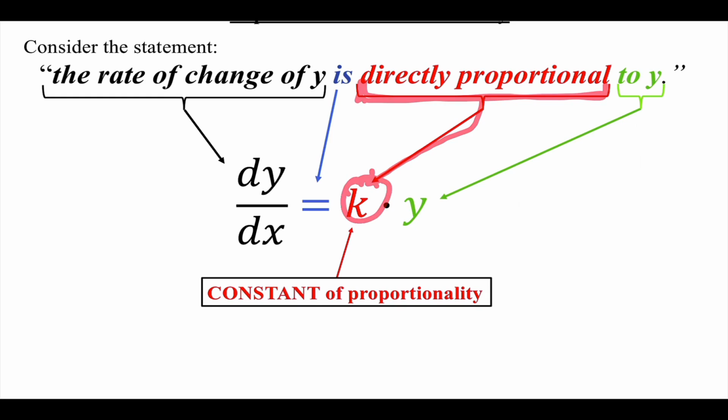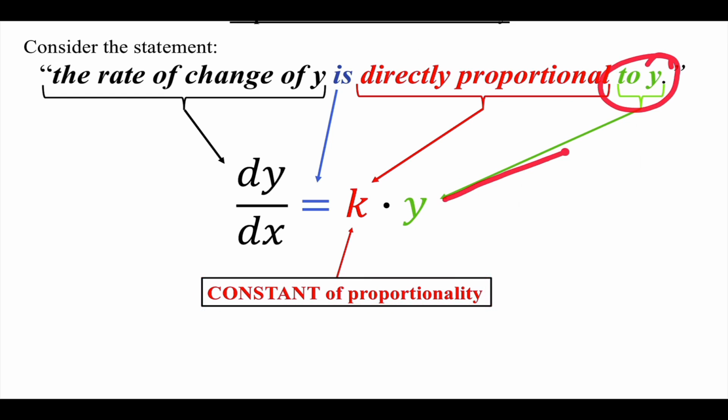K is a constant of proportionality. That's what it's called. To y. And then this guy is just plain y, whatever the dependent variable is, that's what it is there. So this is what we're going to use for every single problem today.